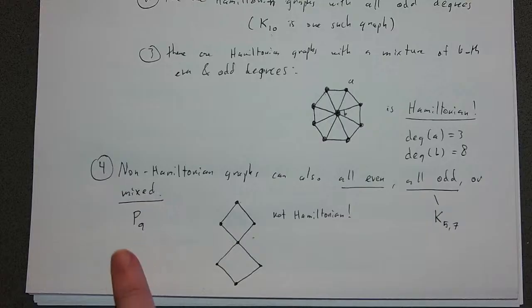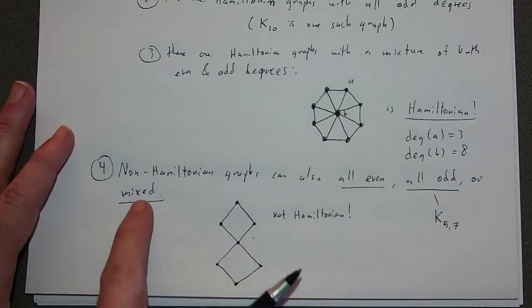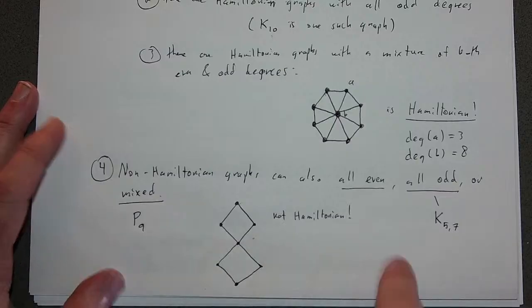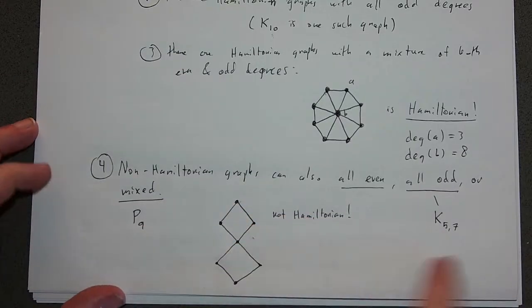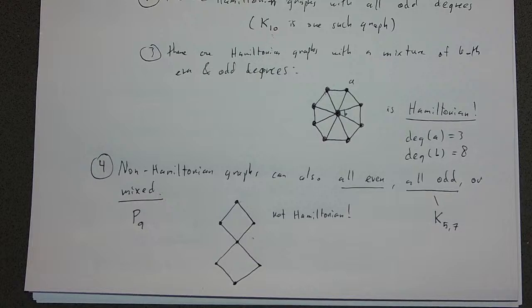This doesn't contain a cycle, period. In fact, this is a tree, so the path on 9 vertices doesn't contain any cycles. So it can't contain a Hamiltonian cycle if it can't have any cycles. But this has mixed degree because the leaves have degree 1 and the rest of the vertices have degree 2. Okay.